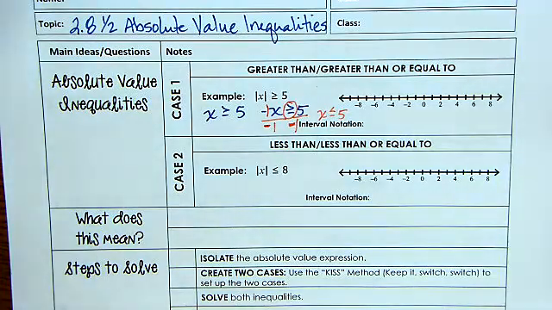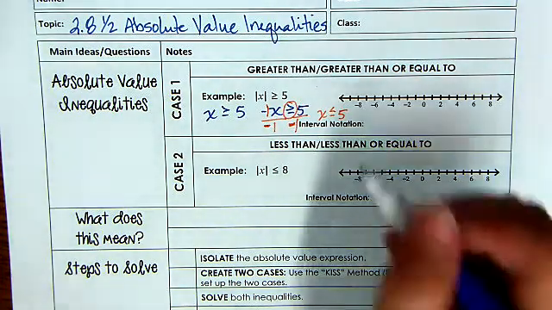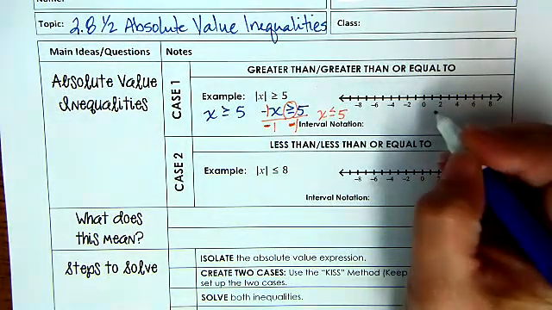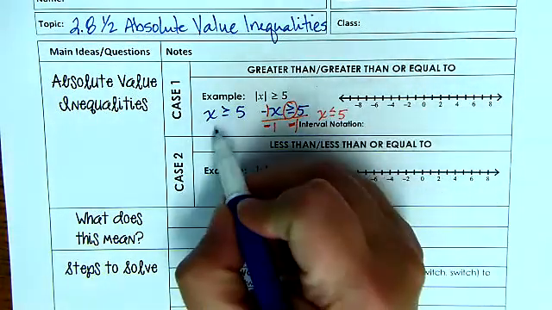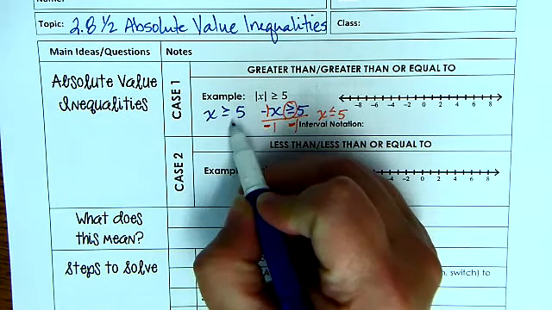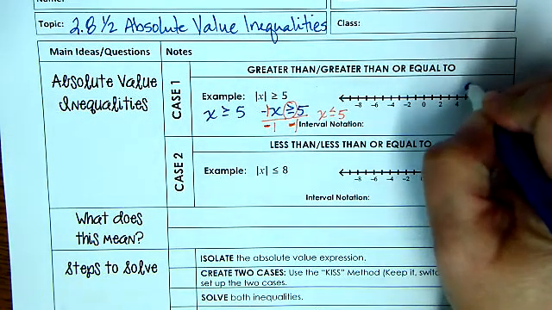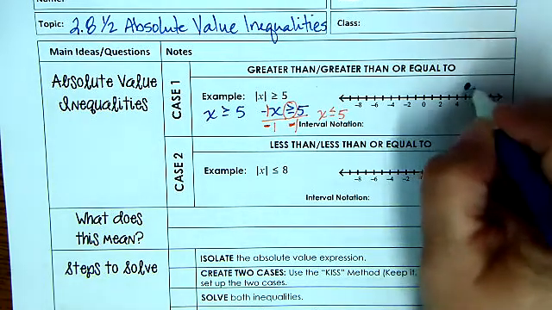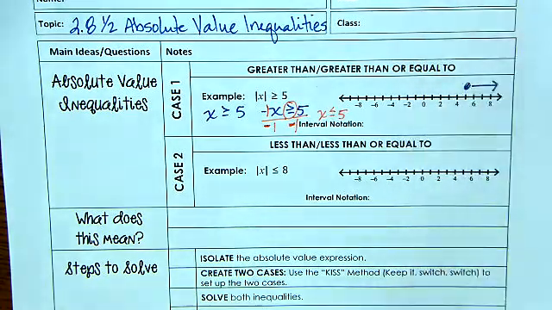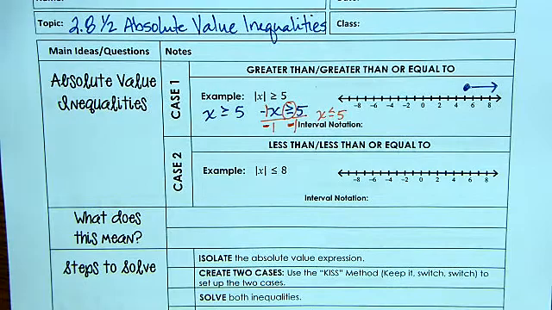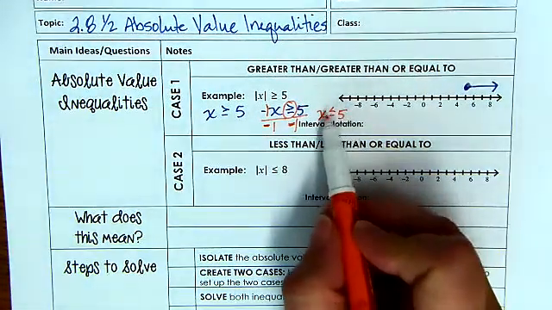All right, so we're going to plot both of these on a graph, okay? Because it's equal to, it's a filled in circle. So I have x is greater than or equal to 5. I'm going to go find 5. Put a dot filled in and it's greater than, so I'm going in this direction. There's my arrow. Now I'm doing the next one, which is going to be orange.